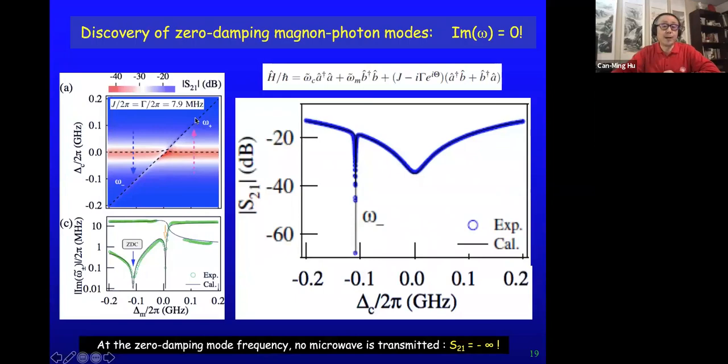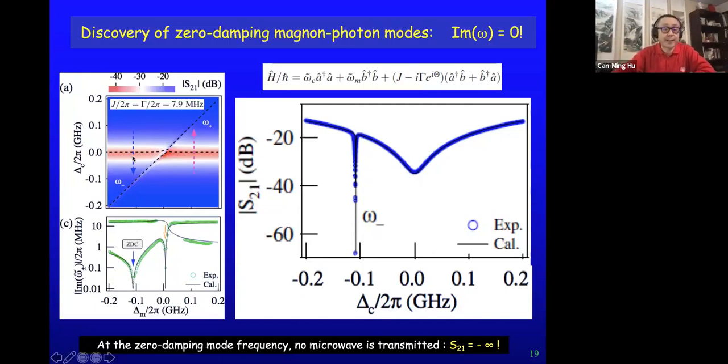You see these two modes. If you tune the magnetic field, you are tuning the magnon modes, and we are setting the coupling rates roughly equal, the coherent part and the dissipative part roughly equal, so that it looks as if there is no coupling, but the coupling is actually there and very important.